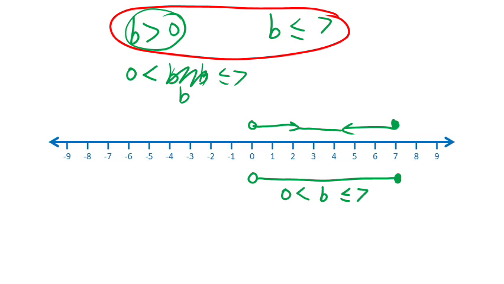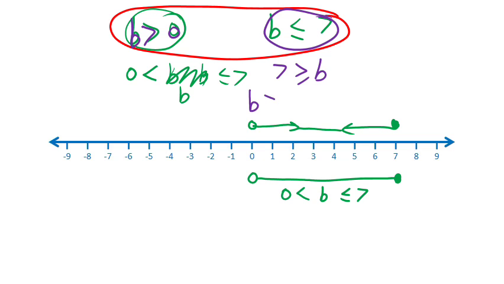Now you might be thinking to yourself, why are they pointing to the left? Why not point to the right? Well, let's try that out. If we wanted the arrows to point to the right, we would keep the B going to 0 at the top here, and we'd have to flip the other one instead. We'd have to flip this one, and we'd have to have 7 greater than or equal to B. Okay, they're the same thing, but now we find that we've got B and 0 and we're in the wrong spots.